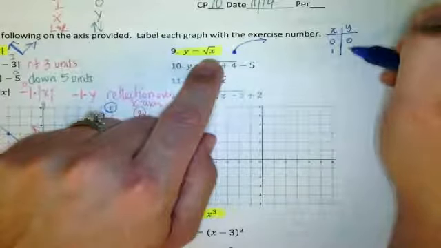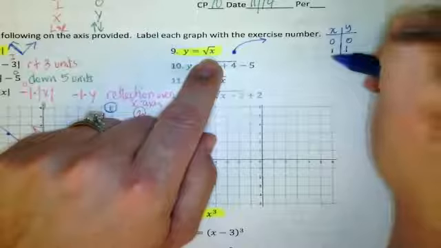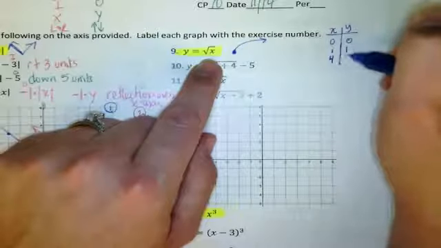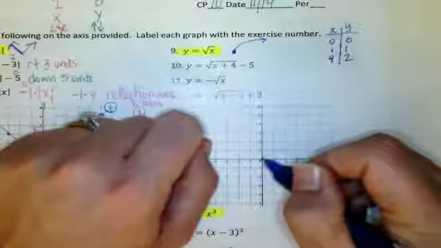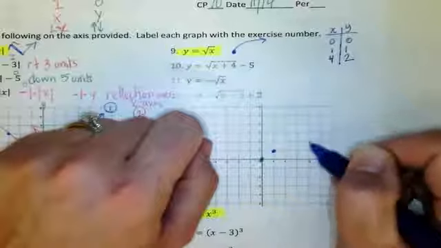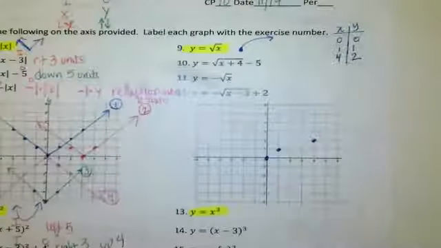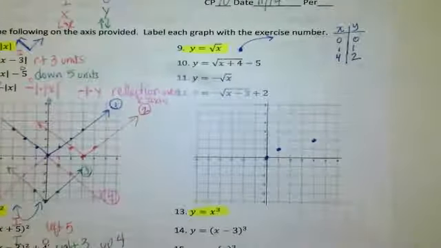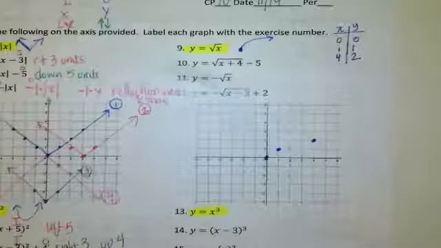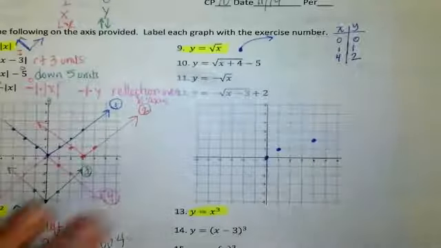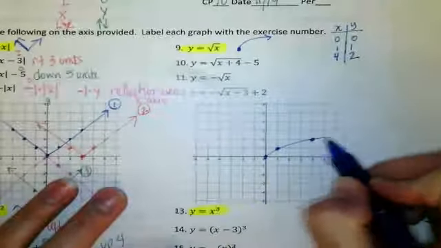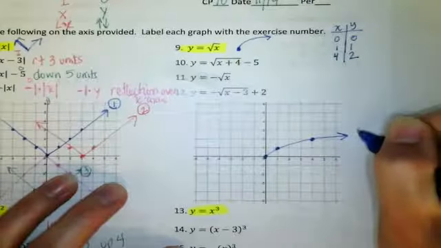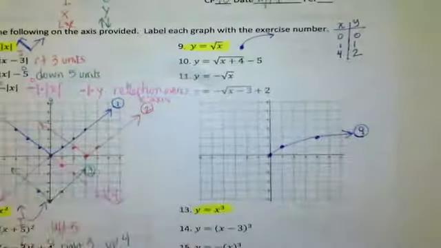What's the square root of 1? 1. And I could plug in 4. What's the square root of 4? 2. So we have 0, 0, 1, 1, and 4, 2, which are great points. Also, 9, 3 is another great point. Square root of 9 is 3. So this is our square root swoop function.